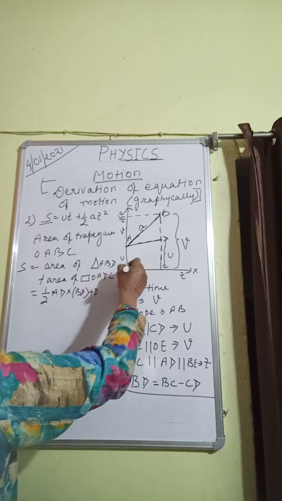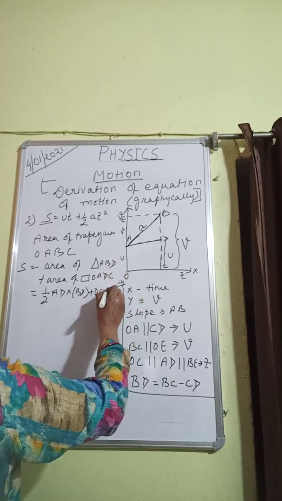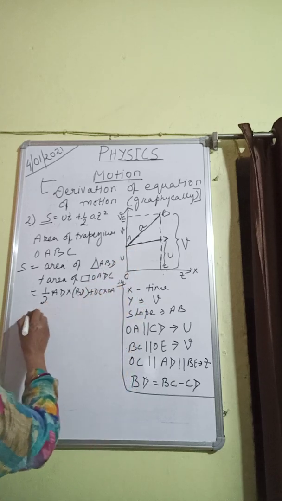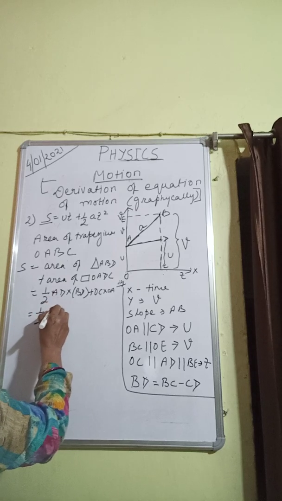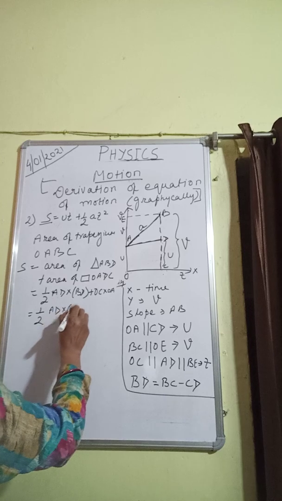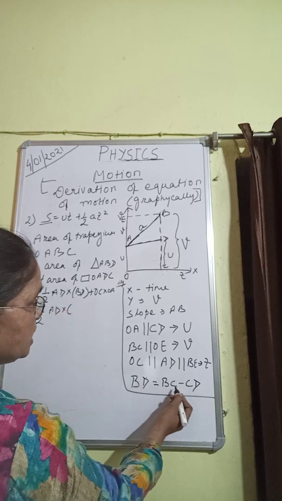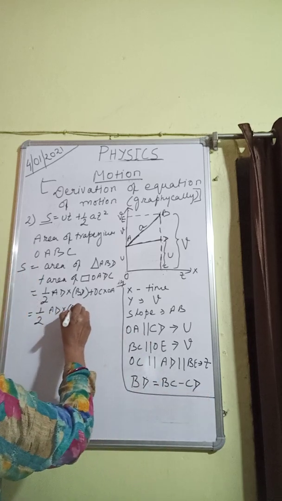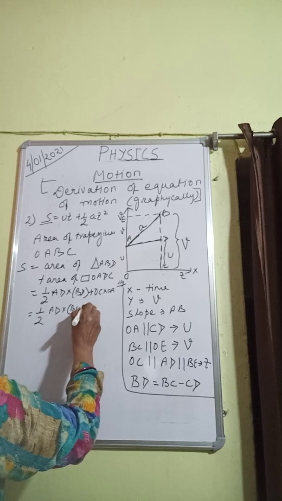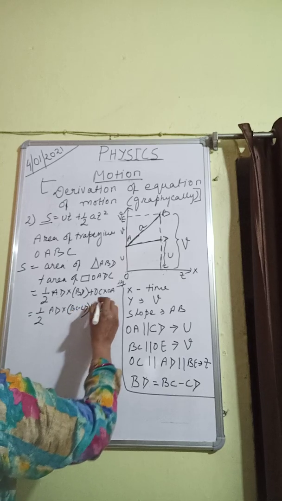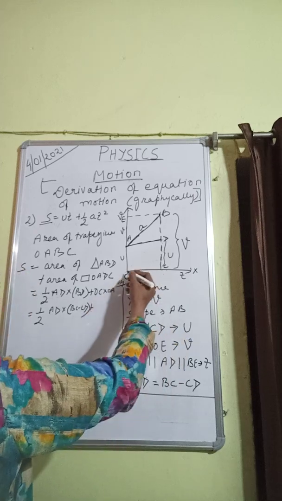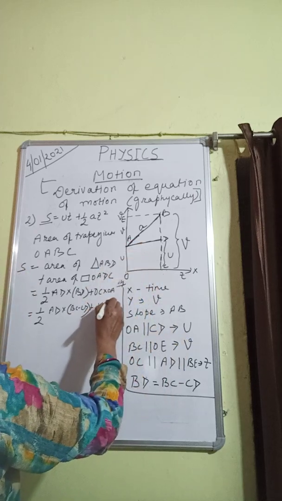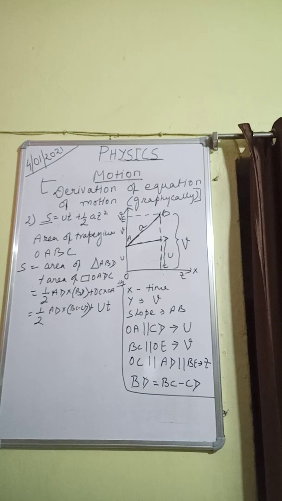So directly we can write it as OC into OA. So here half AD into BD, which we find as BC minus CD, plus OC, which is time T, and OA, which is U. So directly I am writing U into T.